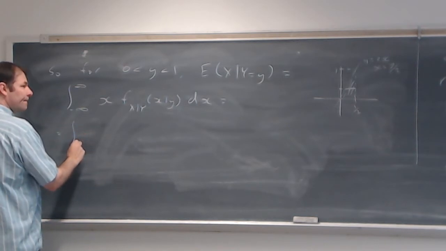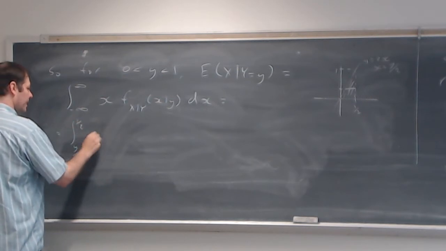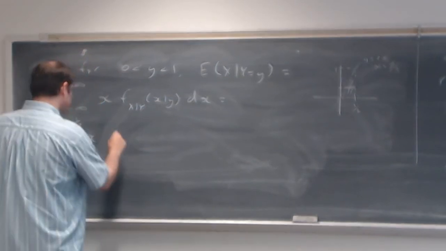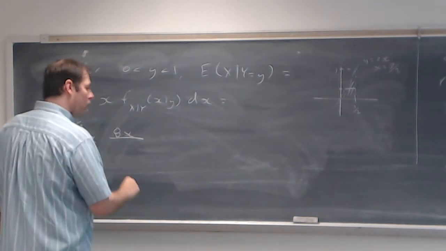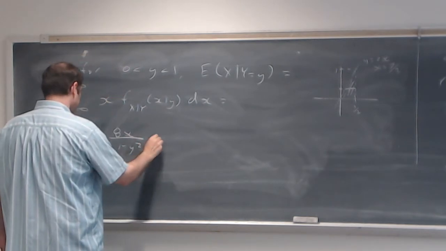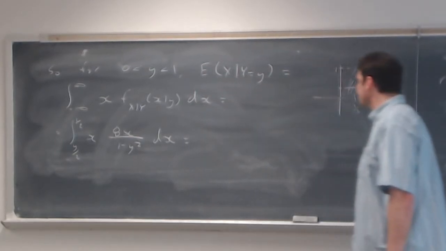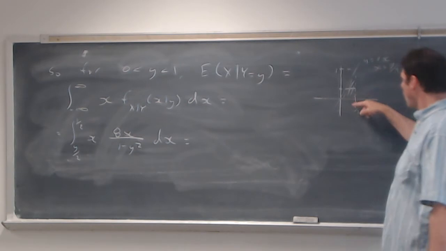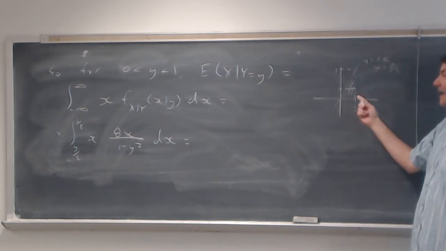So we have the integral from y over 2 to 1 half of x, and then what the conditional PDF was, which is not 0, 8x over 1 plus y squared, dx. And you might have thought, well, why don't we just integrate as x runs from 0 to 1 half?